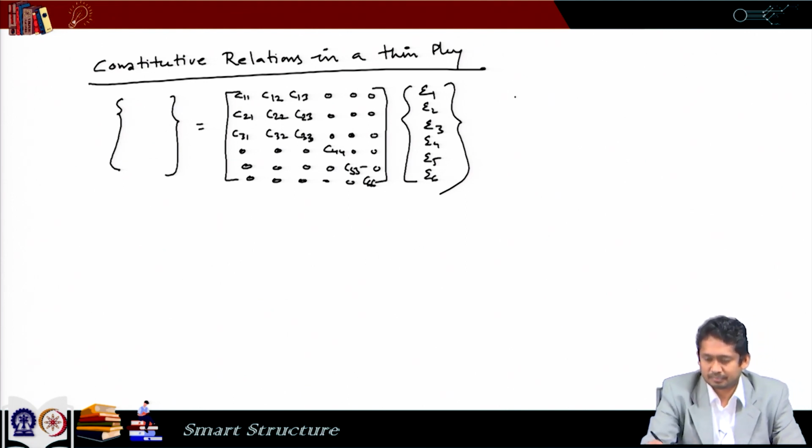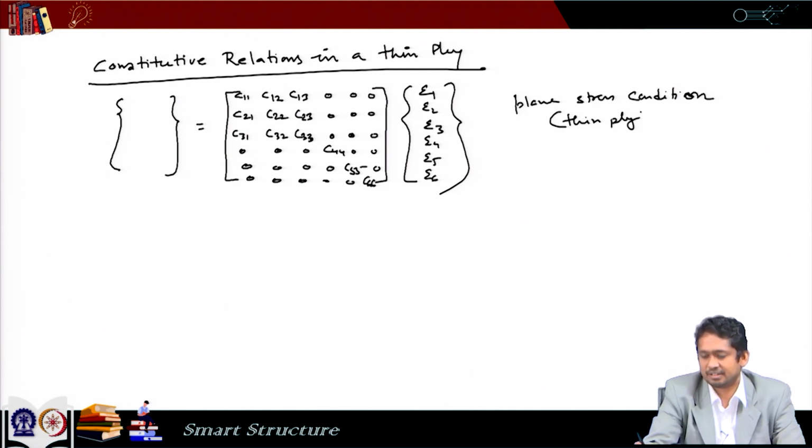Now, in this case we assume that there is a plane stress condition that exists. So, we have plane stress condition because it is thin ply, because the plies are thin.